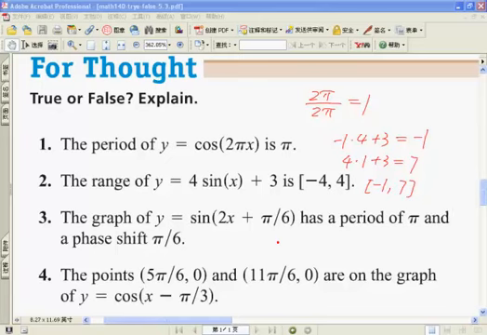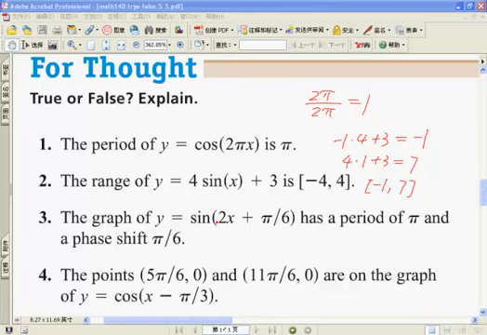What is the period of this function? Pi, 2 pi over 2. Yeah, it's pi. Then what is the phase shift? Pi over 12? Or anything else? So definitely it's not pi over 6.